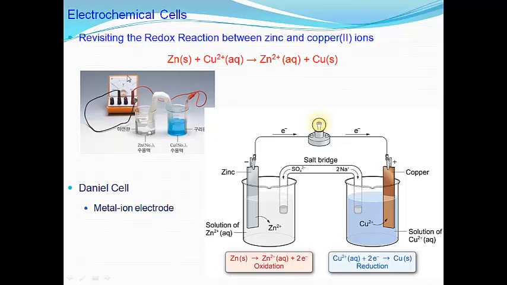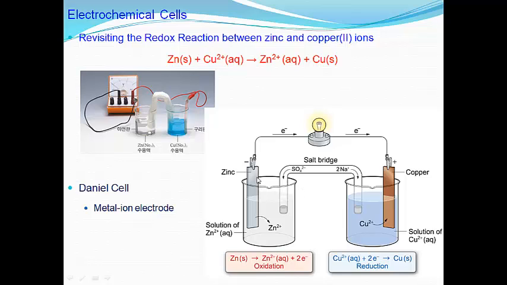We have the capacity to measure the current or the potential passing through the system, and that is through the connection to electrodes, which are made out of metals. So in this case, the reaction between zinc and copper 2+ to give us zinc 2+ and copper solid is the reaction described as the Daniell cell. And here's a depiction of that. And we're going to look now essentially to see what is exactly happening.